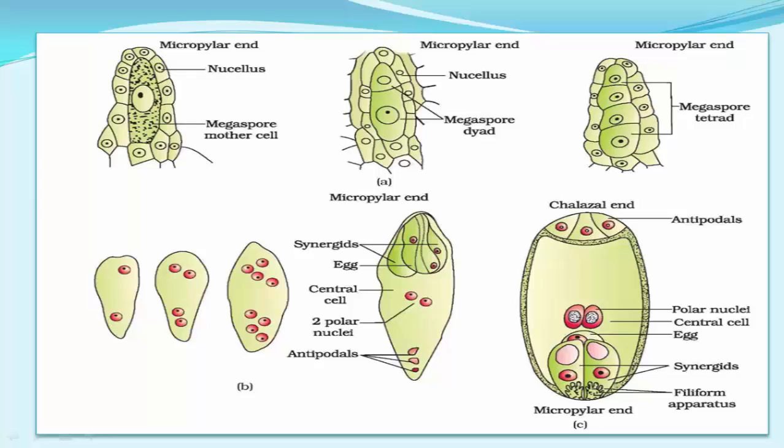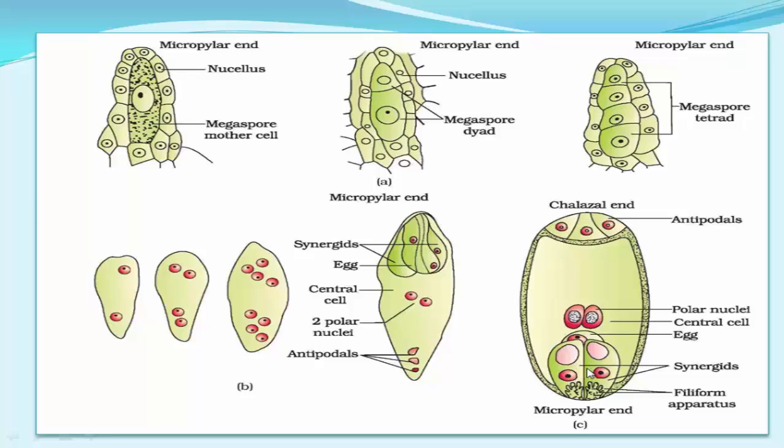So the egg apparatus is located at the micropylar end of the embryo sac. The larger cell of the embryo sac is the central cell, which has 2 polar nuclei. They are also haploid in nature. They play an important role in the formation of the primary endosperm nucleus at the time of double fertilization.